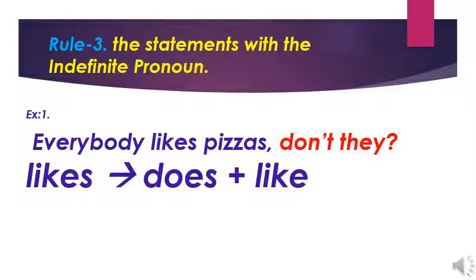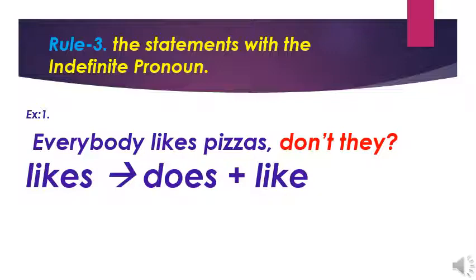In the sense, likes is equal to does plus like. If I take this does, it becomes singular. So, I am not going to take does. Instead of this, I am going to take this V1 form do, because we need to take a plural verb. So, put do after the statement.